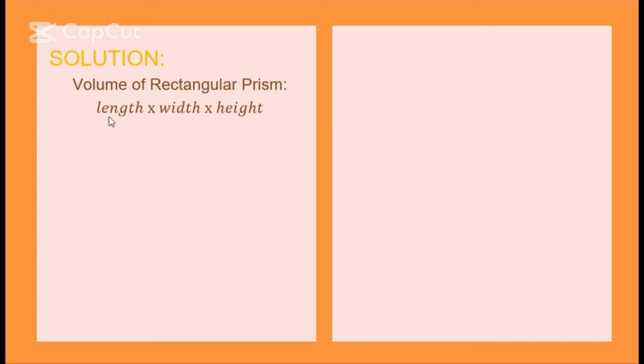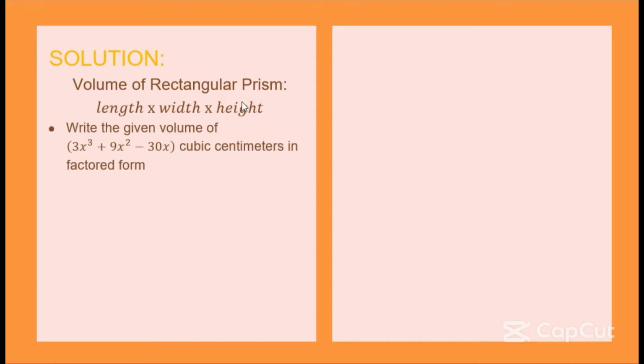Okay? Now, solving this, volume of a rectangular prism is length times width times height. So, ito yung factors. Hahanapin natin si length, si width, at si height. Now, write the given volume of 3x cubed plus 9x squared minus 30x cubic centimeters in factored form para malaman natin yung tatlo.